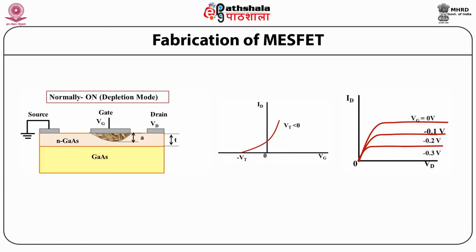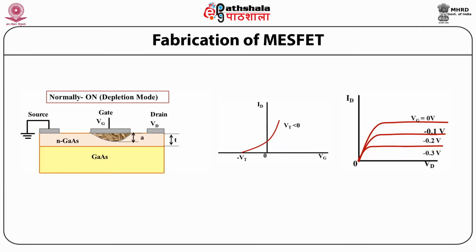So under thermal equilibrium condition, the channel is always available for the flow of charge carriers. Thus, when the gate to source voltage is not applied, the MESFET becomes conductive, or in the on state.